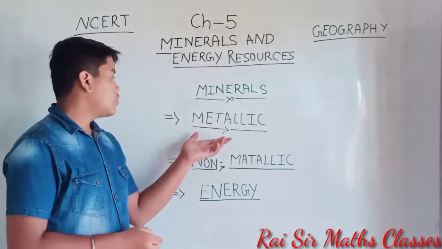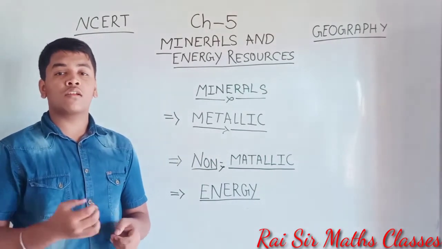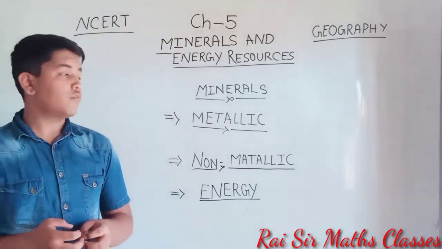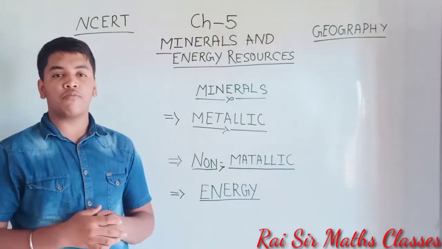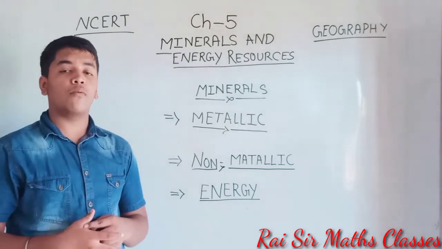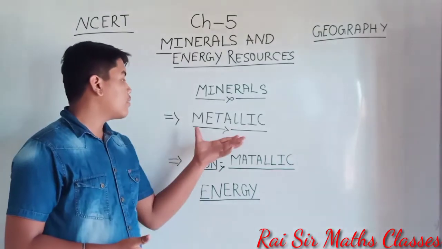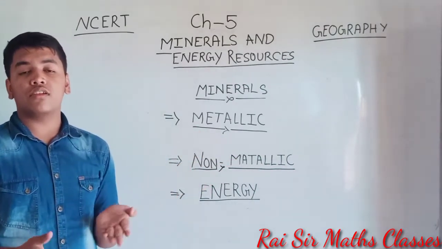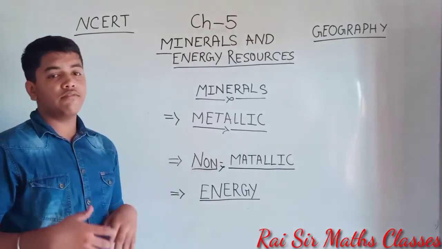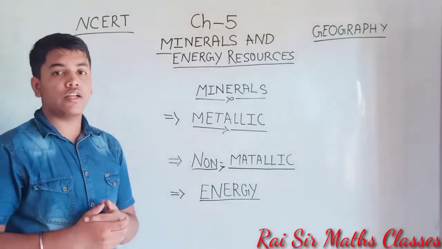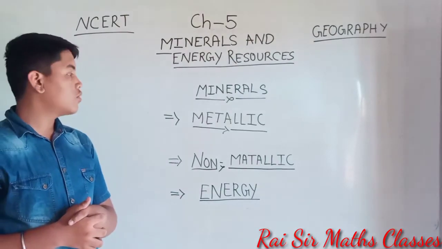Yes, the word metallic stands for the presence of metal. It can be any type of metal like iron, copper, aluminium, etc. I am telling you this in a short and simple way, and afterward I will tell you this in a definition form and with their examples also.